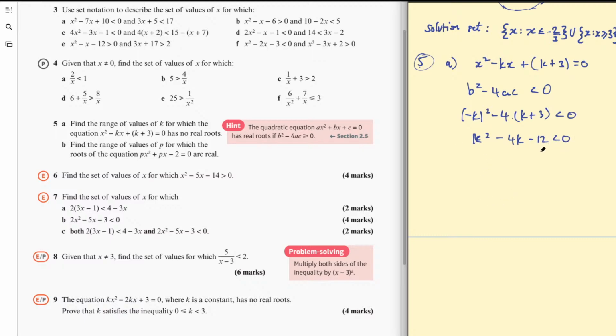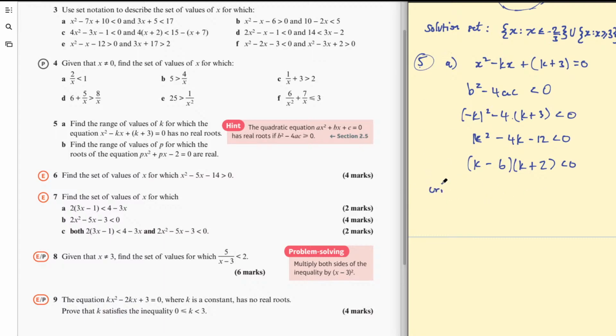And here we have a quadratic that we can find the values of k. And factors of 12 that make 4 are 6 and 2. So this could factorize to k take 6 and k plus 2, less than 0.